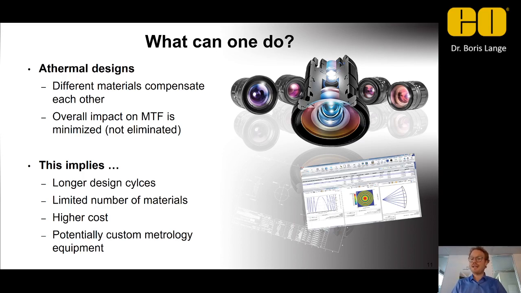And then again, it's the art of optical design to add and mix materials in a way that overall these things add up to zero, and you will minimize the impact on MTF. You can't really eliminate it, but you can minimize it as well as you can by taking the according measures.